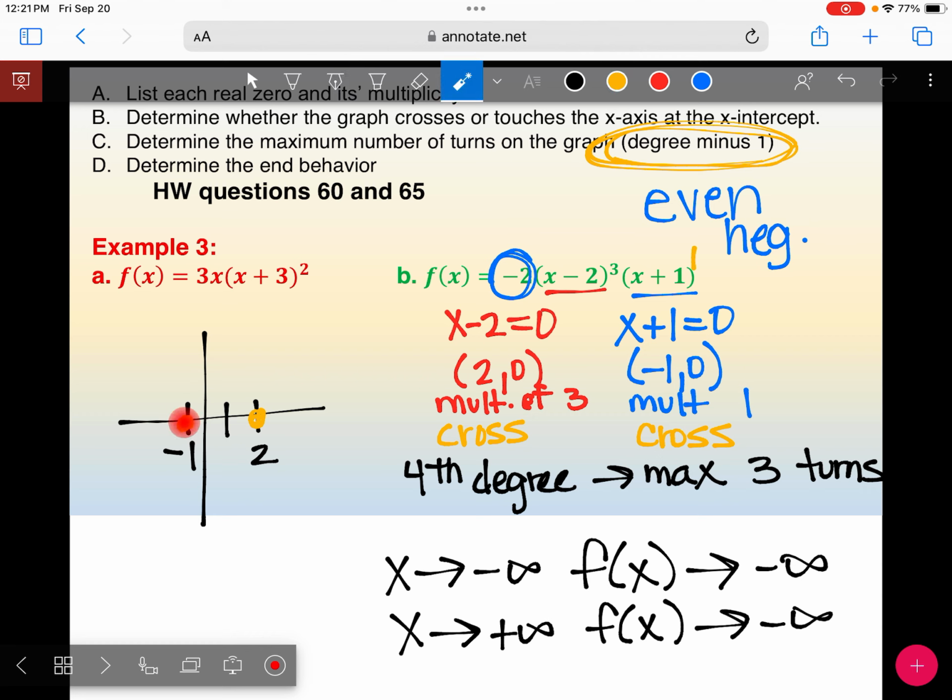The 0 on the far left, negative 1, am I going to have the arrow go down or up? Well, we already established it has to go down, and it's going to go through. Now, it's probably doing something up here somewhere, but it doesn't come down far enough to ever actually touch the x-axis except at those 2 places.